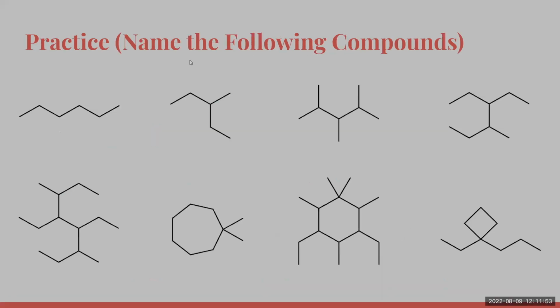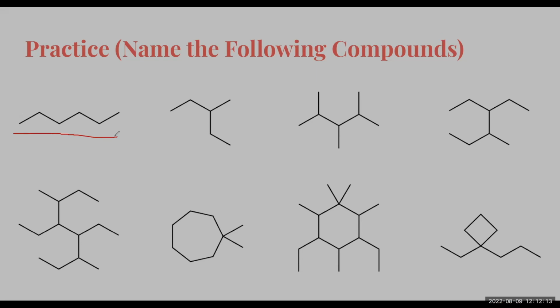So a little practice. Try and name some of these following compounds. I'm going to go over the first 2 so that there's a general idea of how this works, and then afterwards, you can try out the remaining problems. So this first compound, we have this chain right here. We can tell it's an alkane because there's no double bonds. The first thing I'm going to do is identify the parent chain.